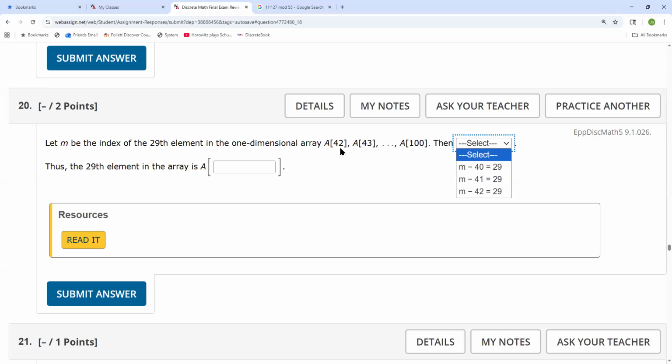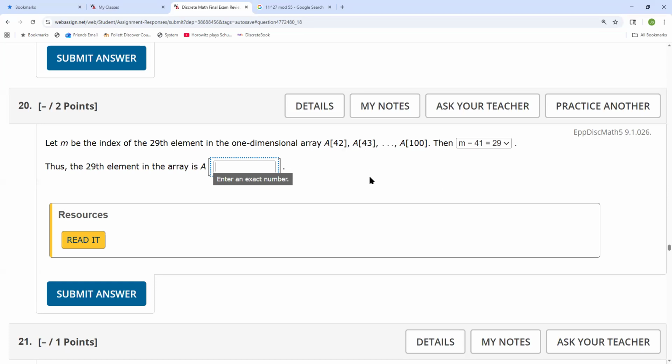So 42 plus 28 would equal M. So that means 41 plus 28. Yeah, right. It'd be 41.